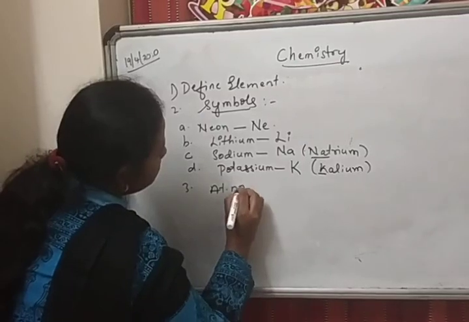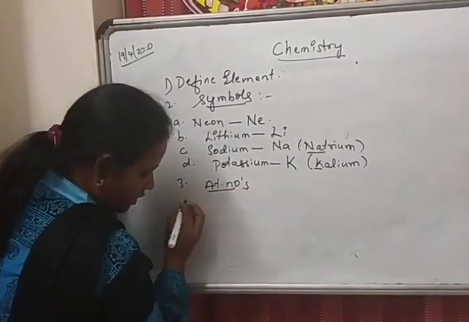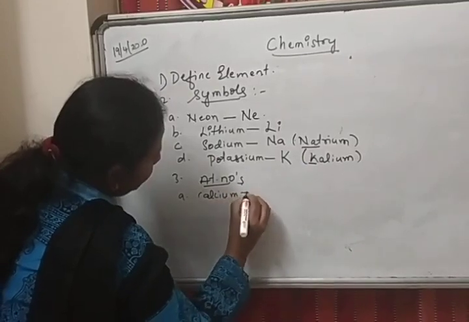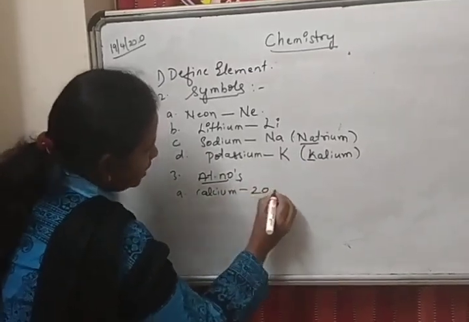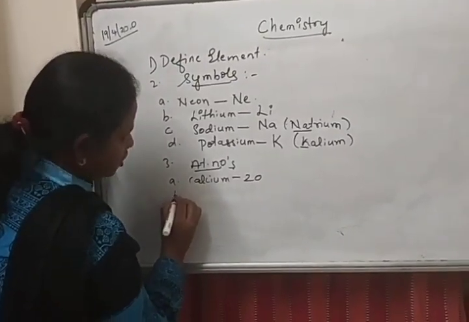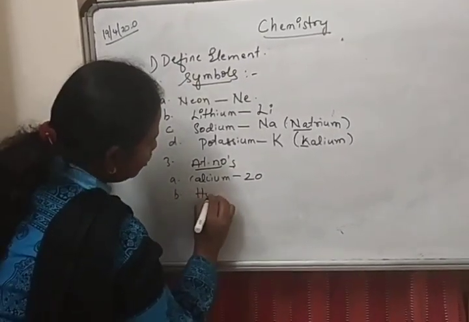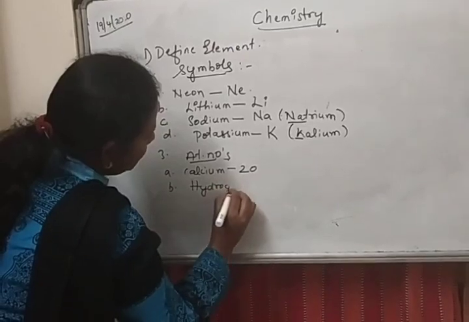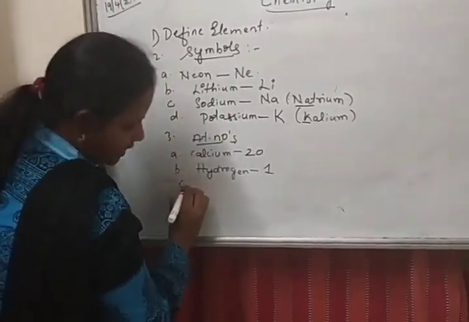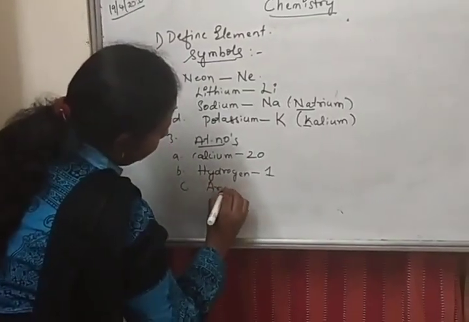Next question I gave you regarding atomic numbers. Calcium. What is the atomic number of calcium? 20. The last element. 1 to 20 we have learnt. Next, hydrogen. What is the atomic number of hydrogen? 1. Next, argon.